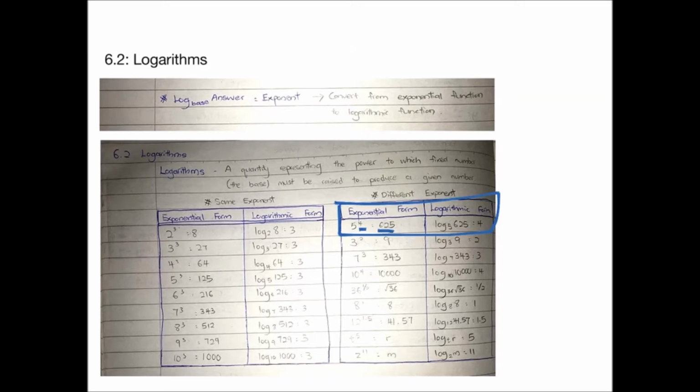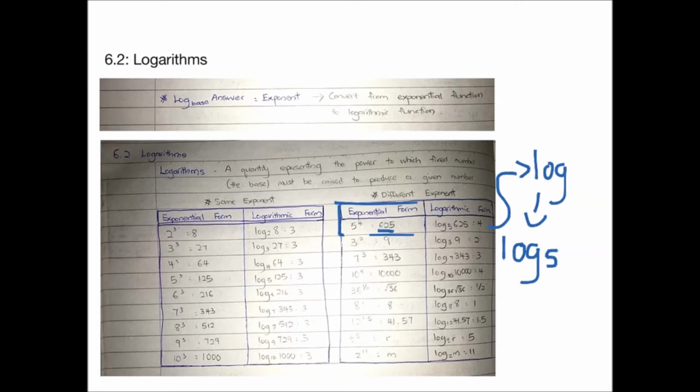If we have the exponential form and we want to find the log form, we have to do this. First we have to write log. It's always log first. And then the 5 is always the base of the exponential form, as I said just now. The 5 is the base, and the answer is beside the base.